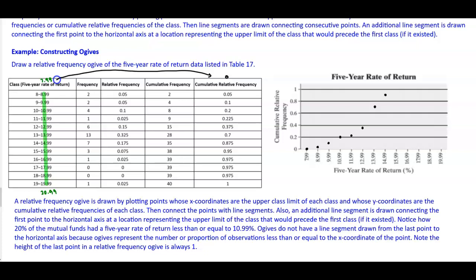For 15.99, we have 0.95. For 16.99, we have 0.975. For 17.99, we have also 0.975. And the same for 18.99.